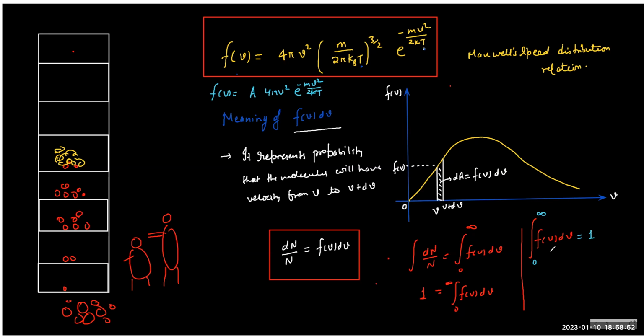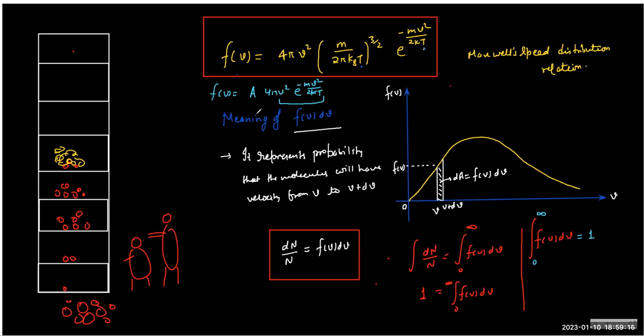What relation? That if I integrate from 0 to infinity, I must get 1. So if you integrate this function, the integration will give you 1, which means 4 pi A into something is 1. So you will get A from there, isn't it? Understood? Yes, sir. Okay.